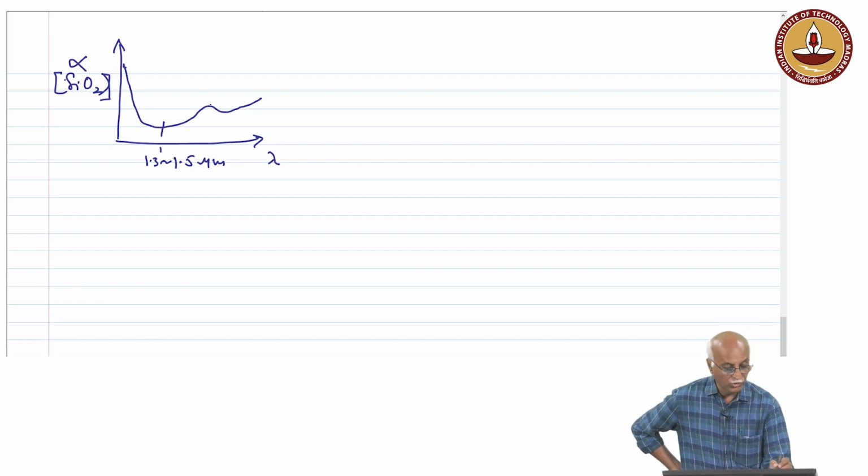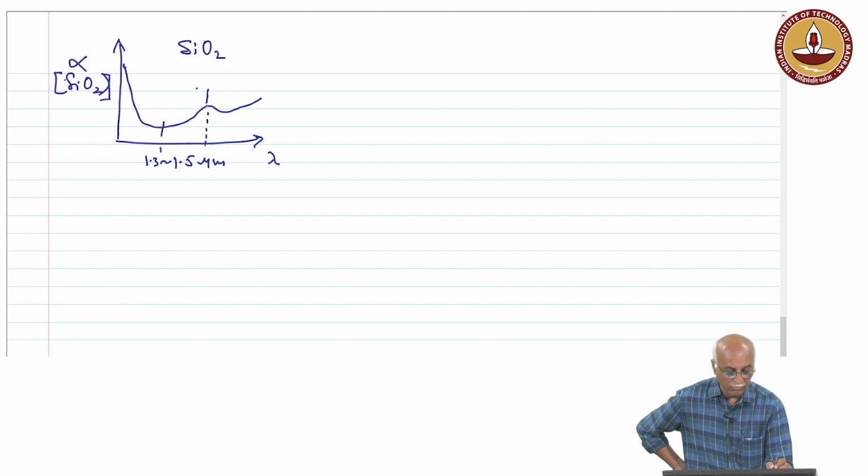This is about quartz material, and when we cross a certain wavelength where this peak comes up, it is because of the absorption due to water molecules, etc., and other SiO2 material absorption coming into picture in this wavelength.